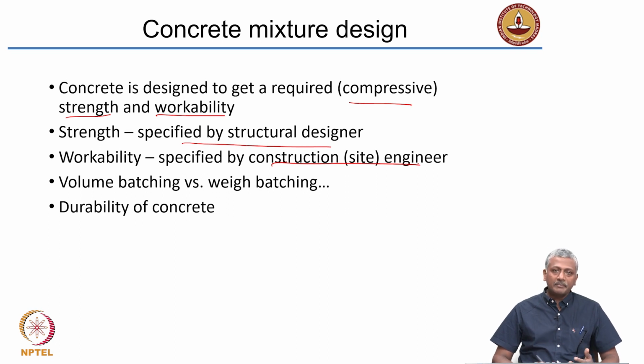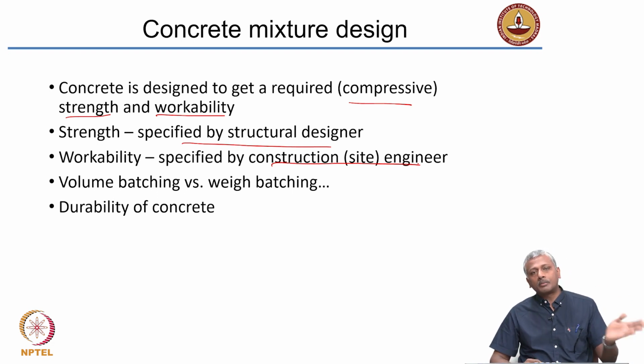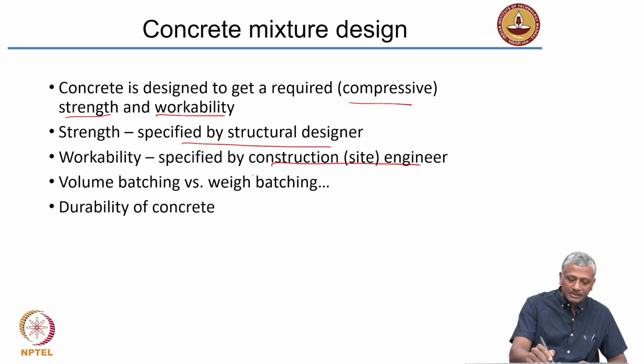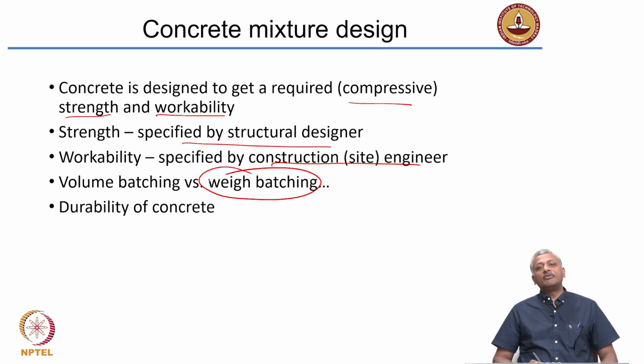Now, concrete can be mixed by batching the constituents or measuring the constituents either by volume or by weight. Okay. In all controlled concrete operations, it is better to go only with weigh batching.